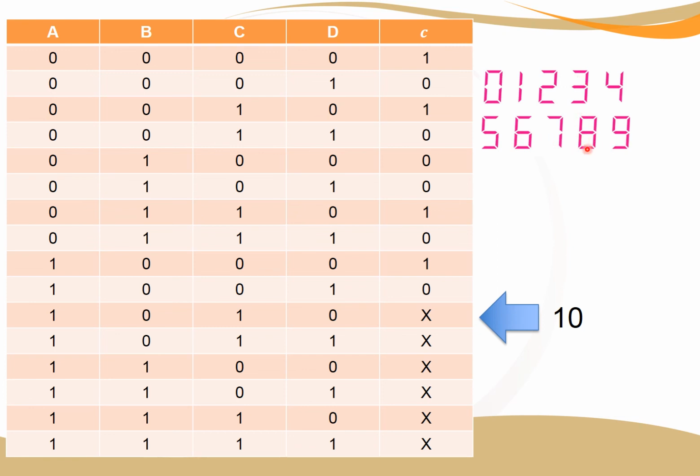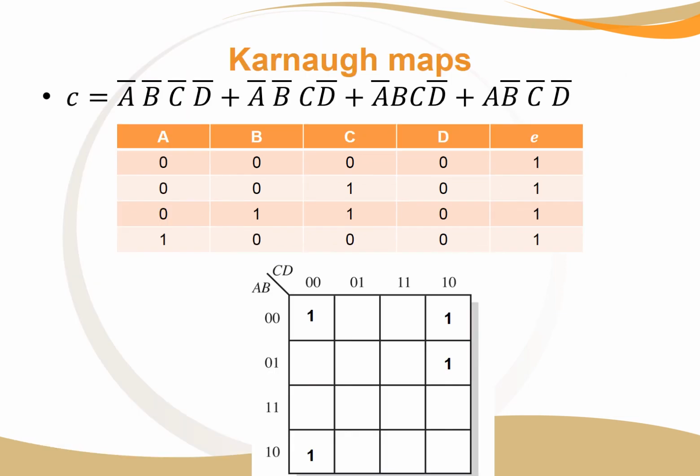So whenever it's lit up we give it a 1, so this is at 0, at 2, at 6, and at 8. And then don't care conditions for the rest of them. So I've just simplified it a little bit.